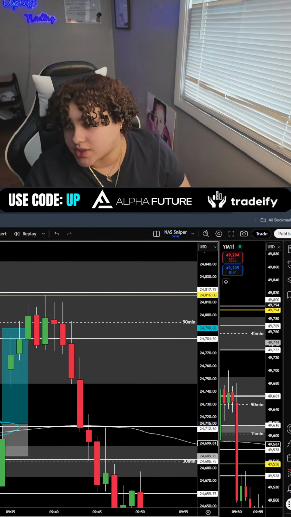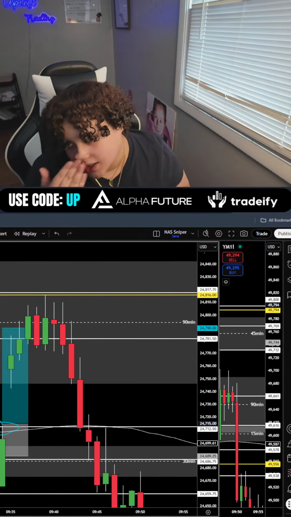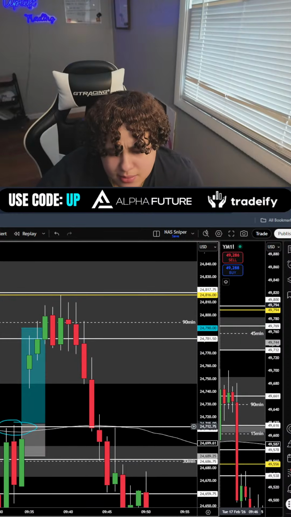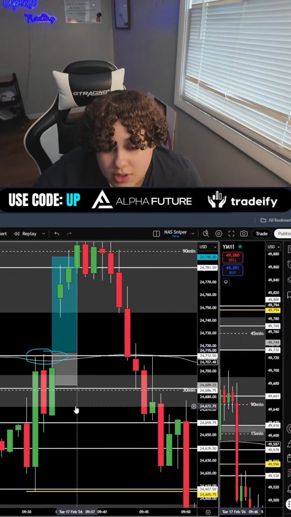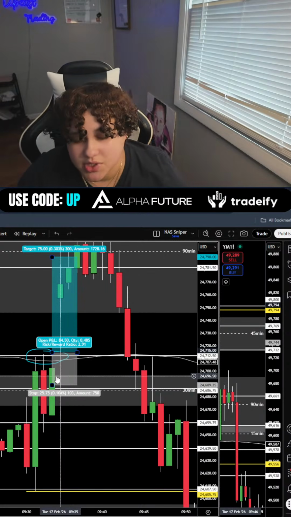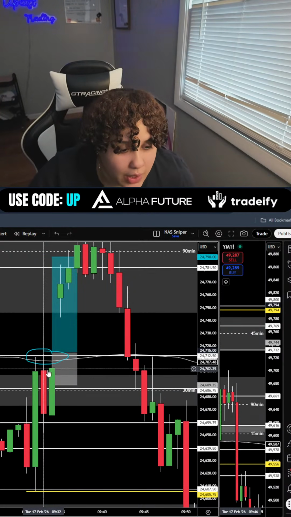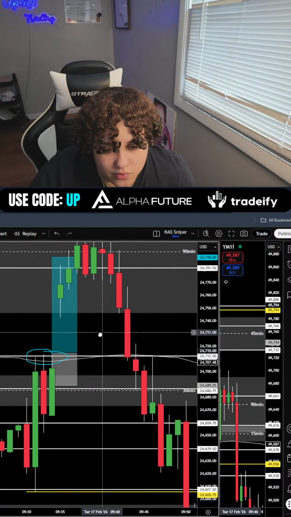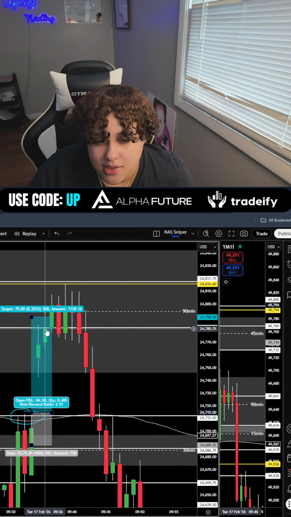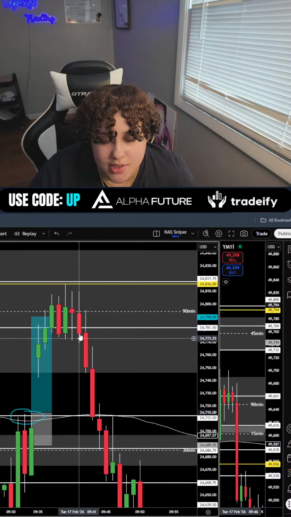Yeah, that was also another mistake that I did today, was I didn't have my VWAP on. Usually, if I saw VWAP was right here, if I saw price was rejecting the VWAP, I wouldn't have taken the trade. I would have waited to see how we reacted up here at this 90-minute supply zone.